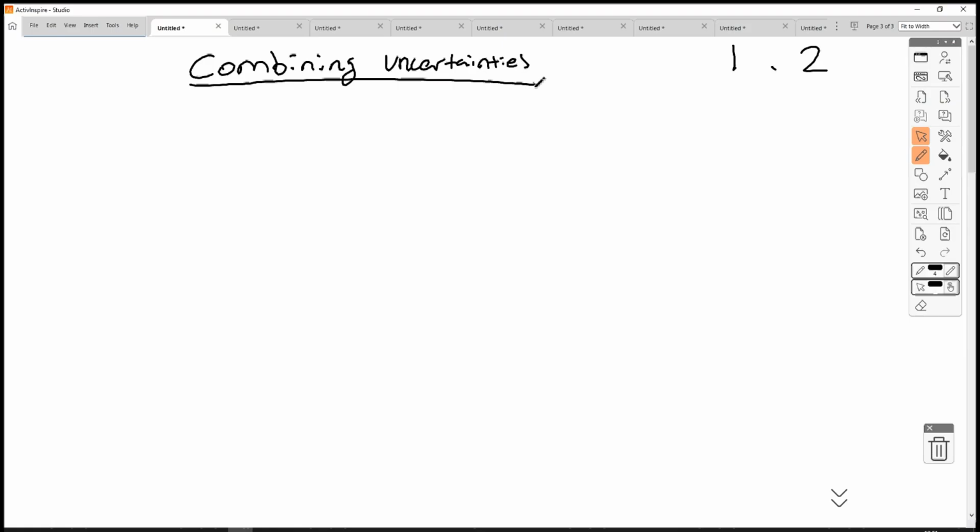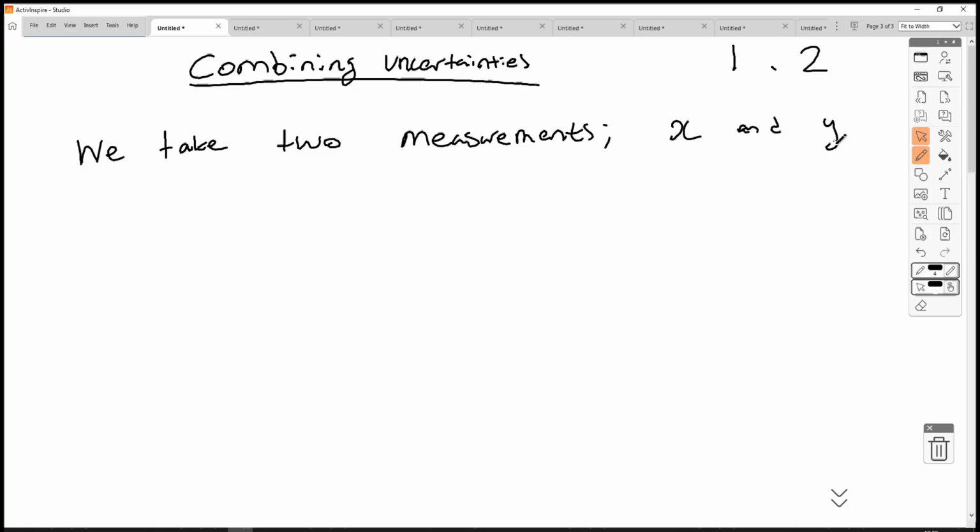So let's start with an example. We take two measurements. These are any arbitrary measurements. I'm not going to say what they are, what we've measured them with. And the measurements that we're taking are x and y. So the value for x is x plus or minus the uncertainty in x.